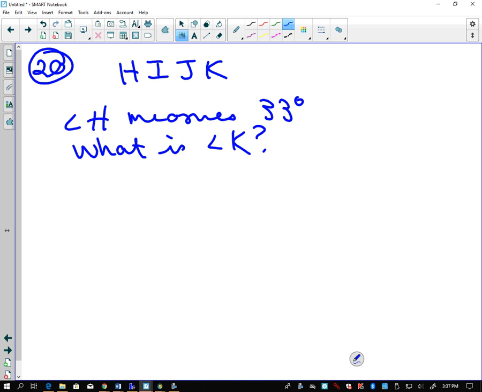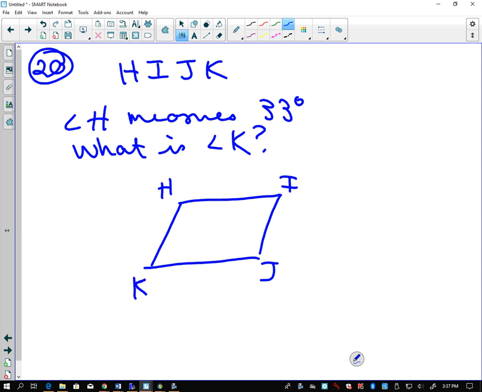Well, the first thing you need to do is draw HIJK. Now, all we know is it's a parallelogram, so I'm going to draw it slanted so I don't assume anything. They say H is 33 degrees. Now, obviously, I've put it in an obtuse position, but it's not obtuse. But we're looking for this angle right here. What I need to remember about parallelograms is consecutive angles like H and K are supplementary.